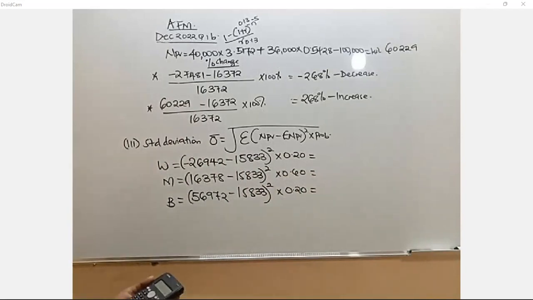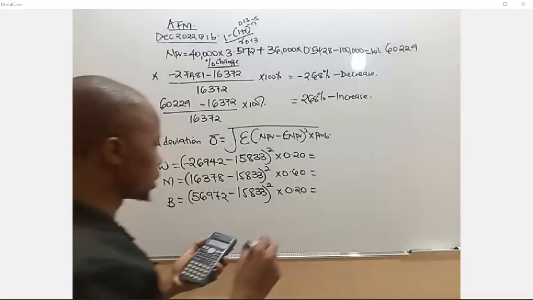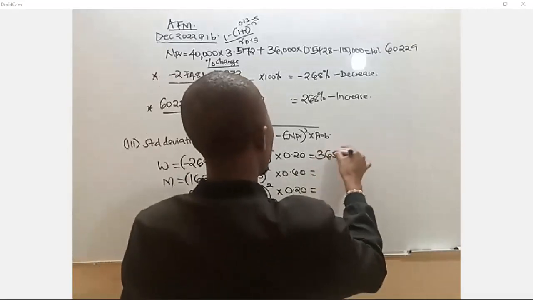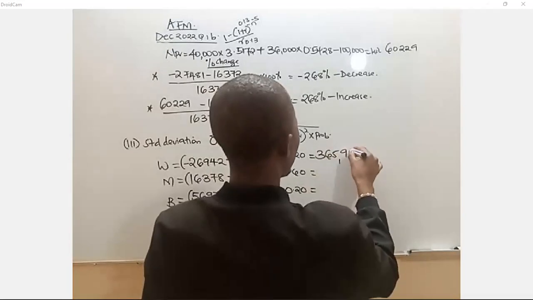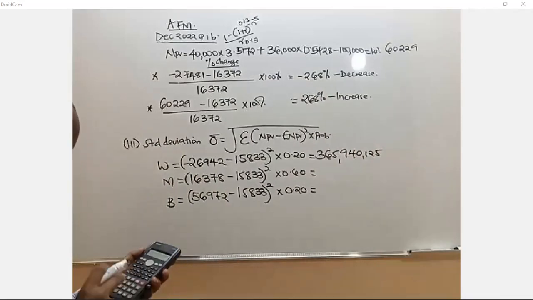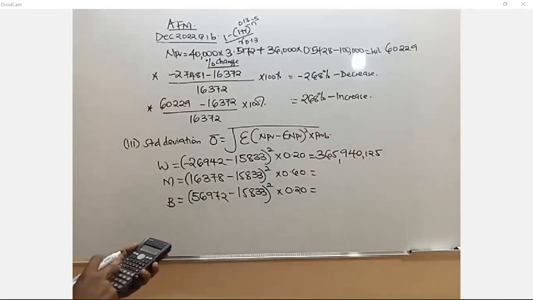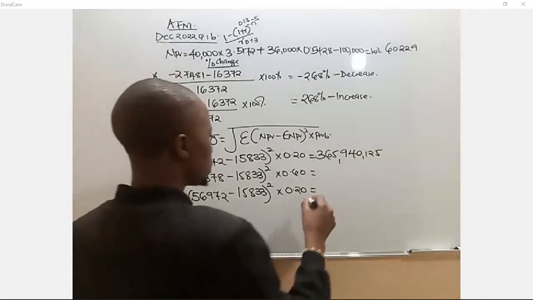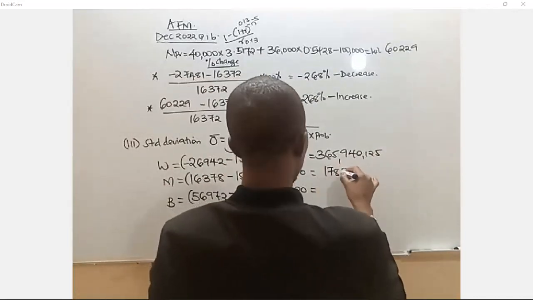How much are we getting? For example, the first one will be negative 26,942 minus 15,833 squared times the probability, 0.20, getting 365,940,125. The other one will be 16,378 minus 15,833 squared times 0.6, around 178,215.